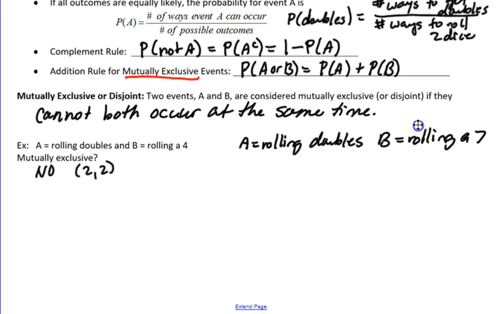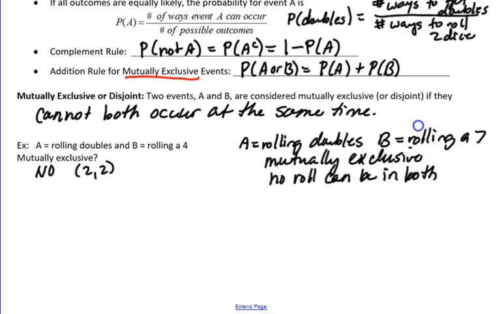These are mutually exclusive because they have no outcomes in common. No roll can be in both groups. Doubles will always give you a sum of an even number. There's no way to use doubles to get a 7.